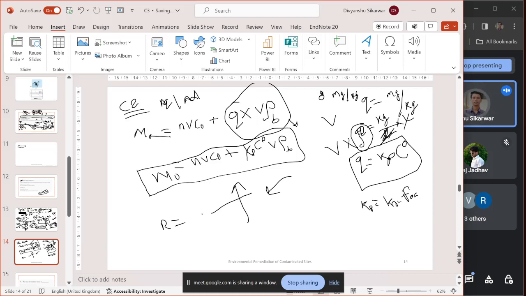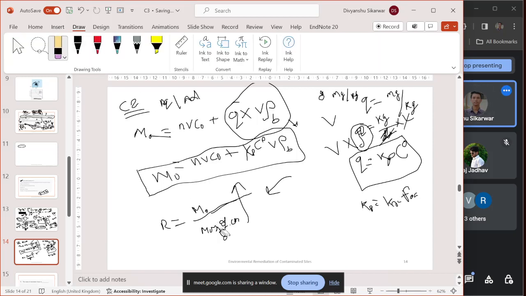So that retardation factor can be calculated through a formula: m naught divided by mass of contaminant in water, right? This is a formula.